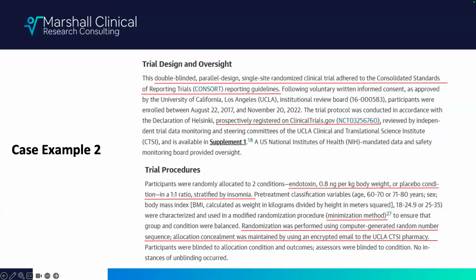They also utilized a minimization method to account for randomization procedures, and the randomization was performed using a computer-generated random number sequence. All of the participants were sent an email, and this was sent directly to the pharmacy.